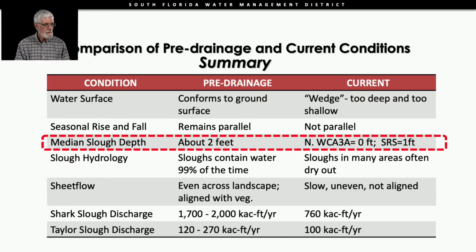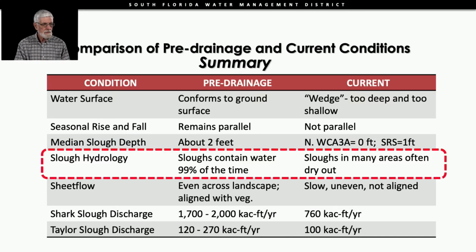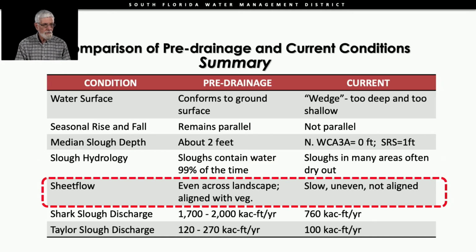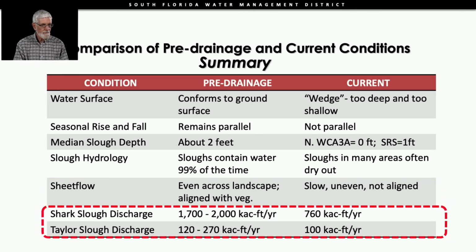We know that the slough hydrology contains water 99% of the time in the pre-drainage, but not so in the current system. And the sheet flow is even across the landscape, but not so currently. It's not aligned with the flow direction. These values at the bottom of the graph show significant differences in discharge between pre-drainage and current.